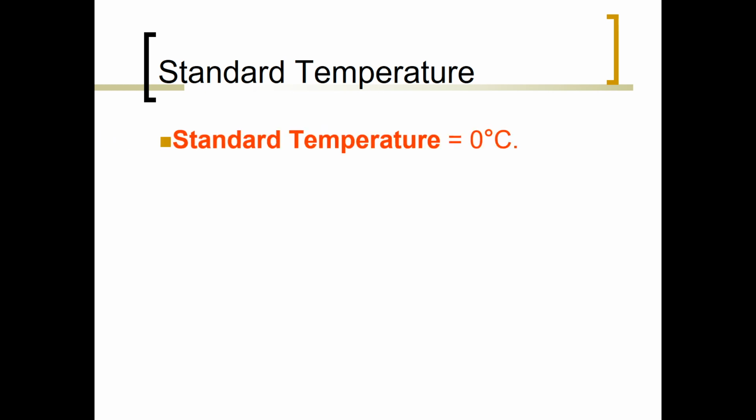So standard temperature is going to be 0 degrees Celsius or 273.15 Kelvin. So if you see something called STP, you might write this. STP stands for standard temperature and pressure.